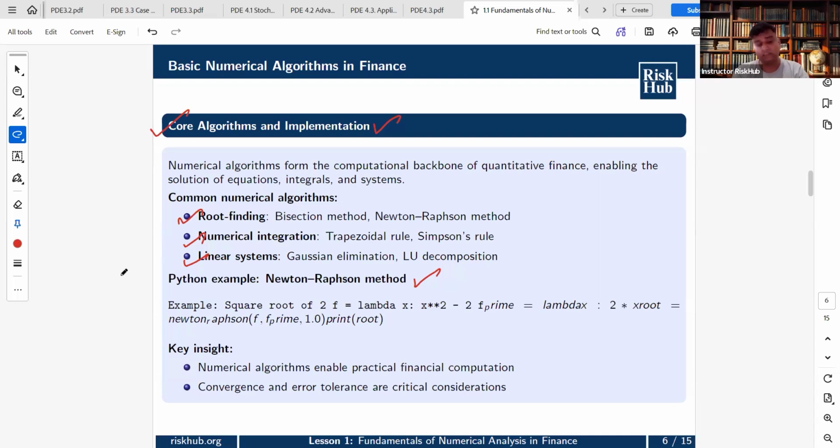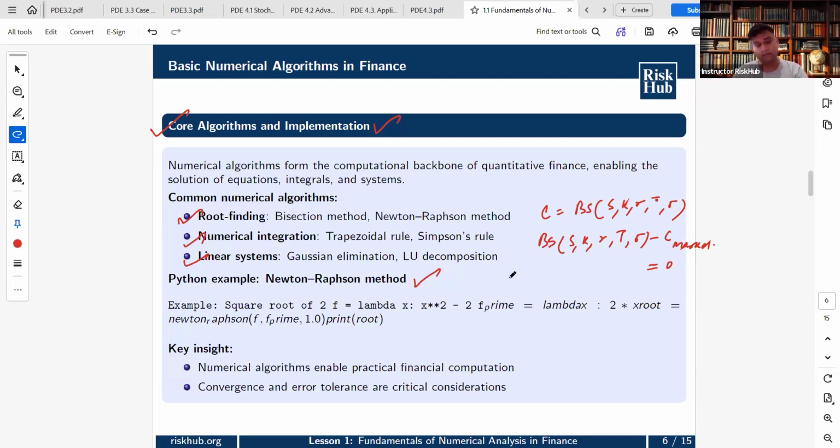In finance, root finding is extremely common. Let's say implied volatility: when we calculate it, Black-Scholes gives you the option price from volatility. The call option is equal to Black-Scholes of S, K, r, T, sigma. But the market gives us the option price, C market. We need to solve for sigma. So we want Black-Scholes(S, K, r, T, sigma) minus C market equal to 0.